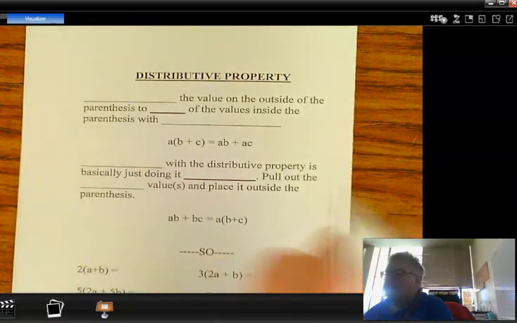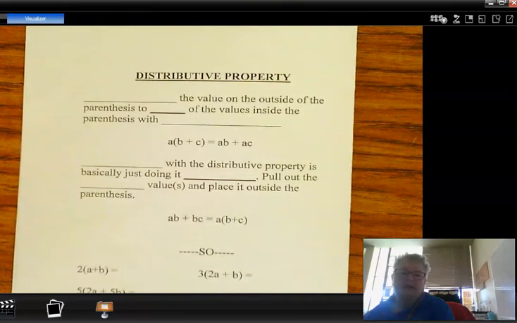Distributive property. First of all, you need to know, what does distribute mean? Santa Claus distributes gifts. Your parents distribute, I don't know, praises, punishments. It's one for you, one for you, one for you, one for you. Or two for you, right? That's all we're doing.